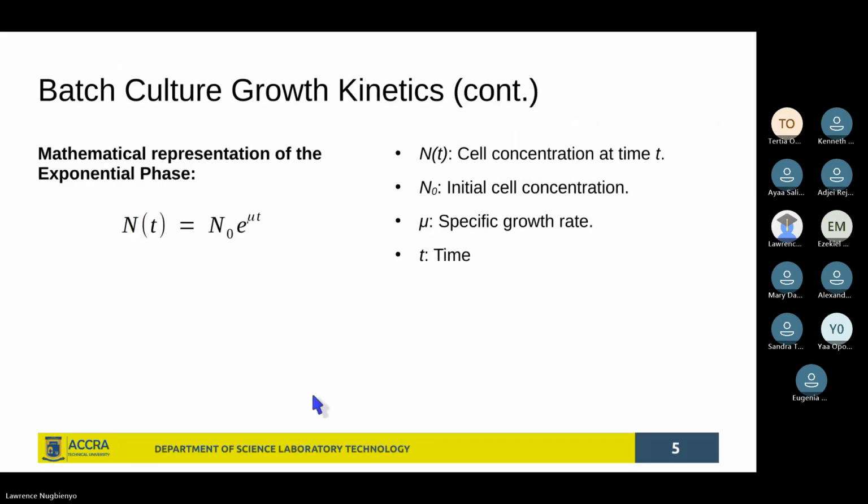Now, mathematically, the batch system can be expressed in terms of cell concentration.